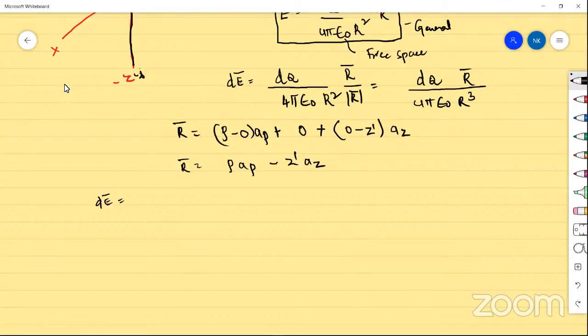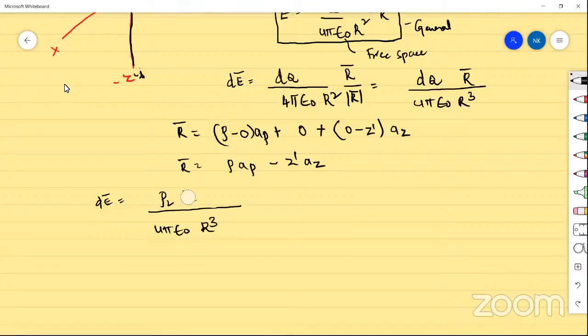dE bar is equal to, what is dq? Rho L into dl by 4 pi epsilon into r cube r bar. So in the place of r bar, what is that? I'm going to write down.